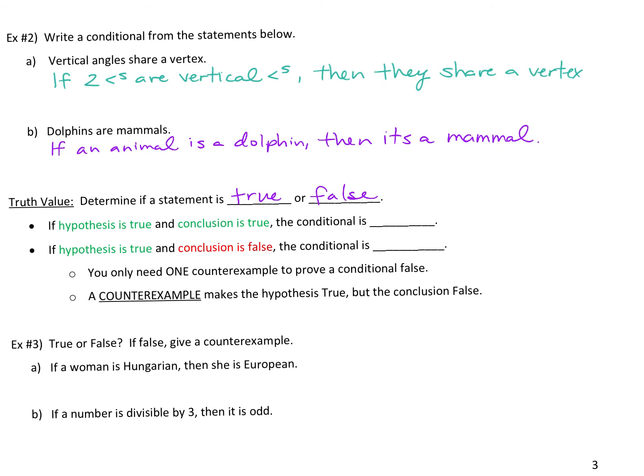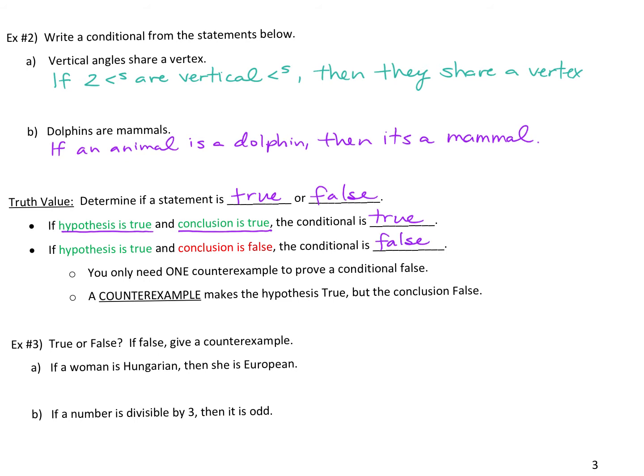Here's how this works. If your hypothesis is true, so whatever comes after if is true, and your conclusion is true, your conditional is true. But if the hypothesis is true and the conclusion part of it is false, then the conditional is going to be false.